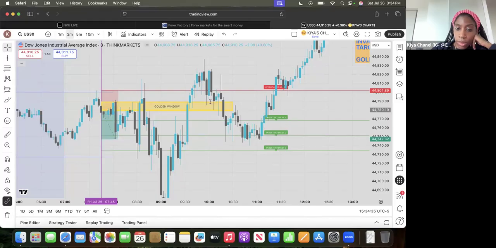Will you keep what you made up until you moved it to break even? No. If you break even, that means you didn't make money and you didn't lose any money. I would much rather go break even than have the trade hit my stop loss and lose money. Y'all feel what I'm saying? Yes, when you are in profit, move your stop loss to break even, so that it is a risk-free trade.